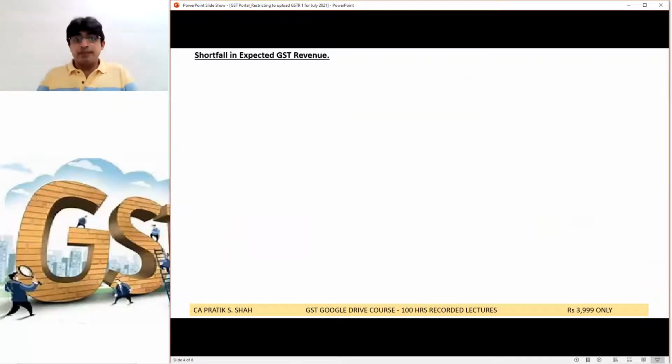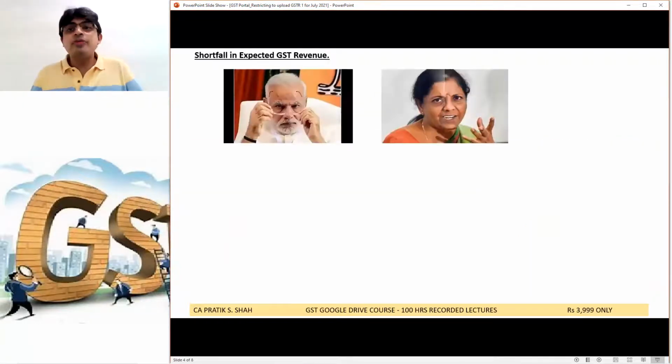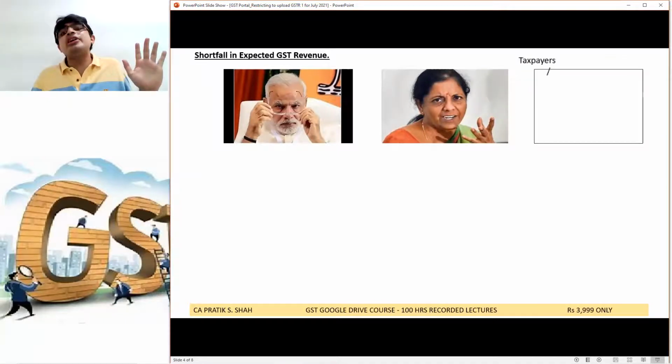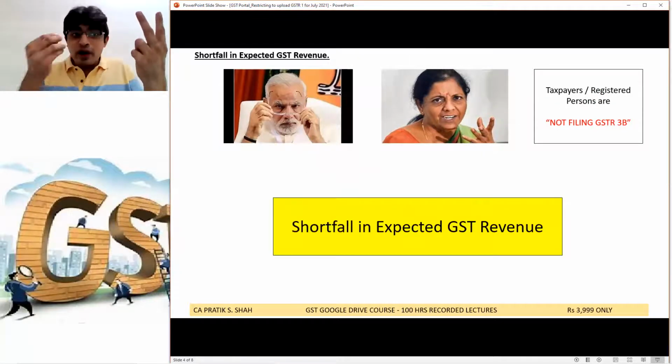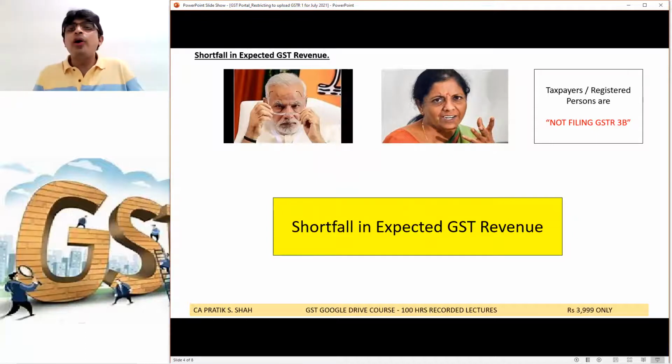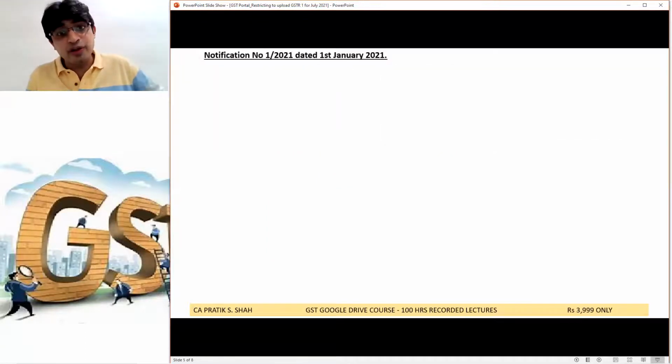This was the irony. The government was furious that all the taxpayers are properly filing GSTR1, the recipients are taking ITC, but the suppliers are not filing 3B, the government is not receiving GST revenue, and there is a shortfall in expected GST revenue.